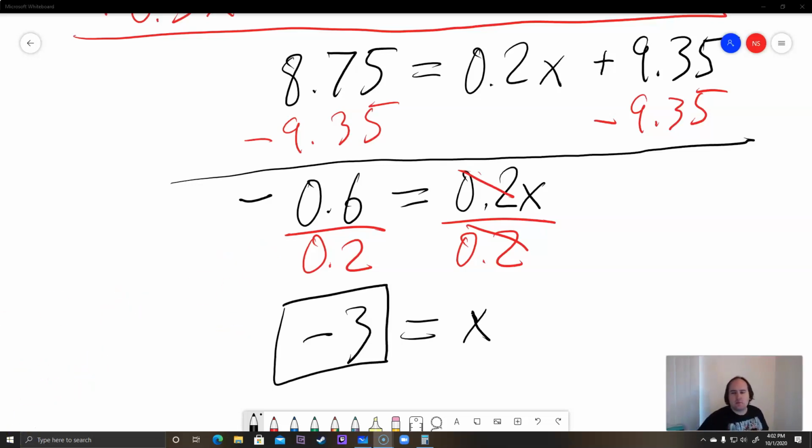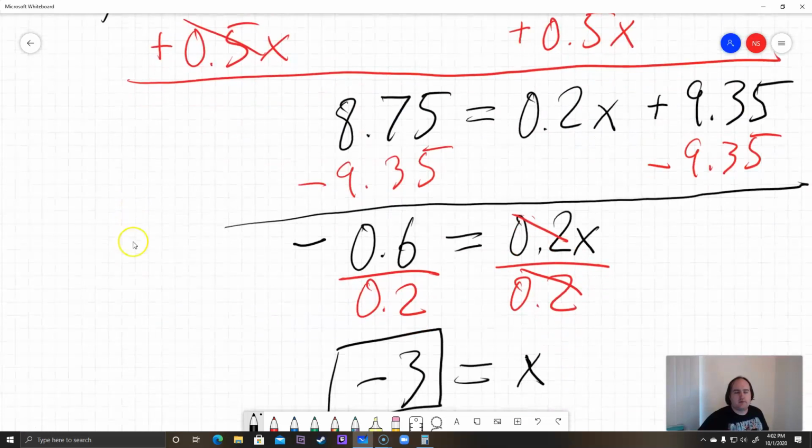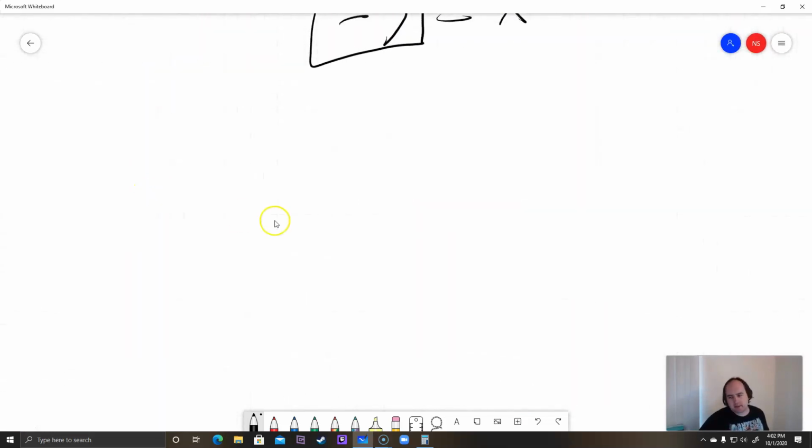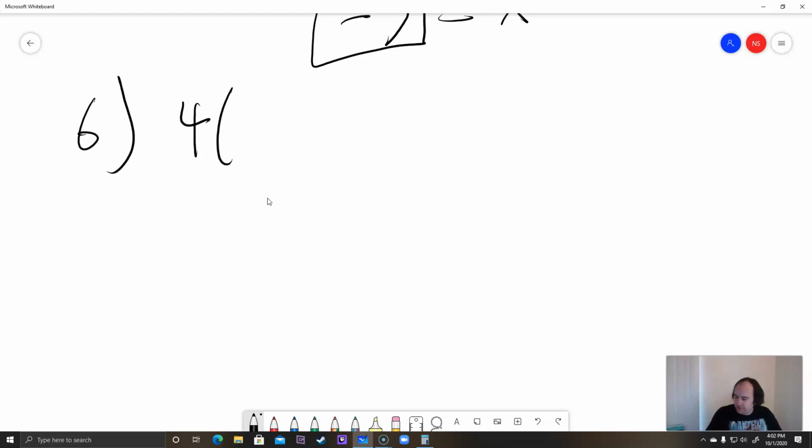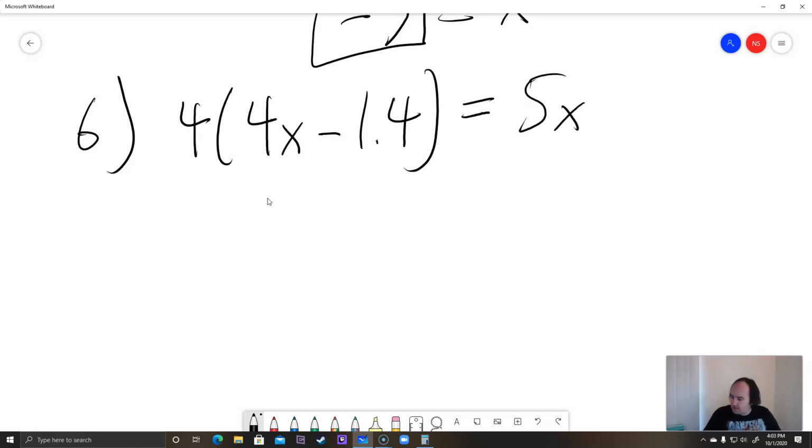Okay, so I wanted to do one more of the challenging problems. Well, I guess they aren't that challenging because we have a calculator. But number 6 is 4 times the quantity 4x minus 1.4 equals 5x minus 5.6.